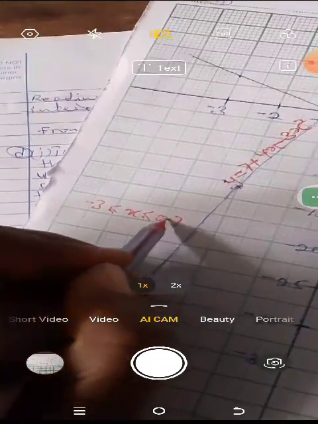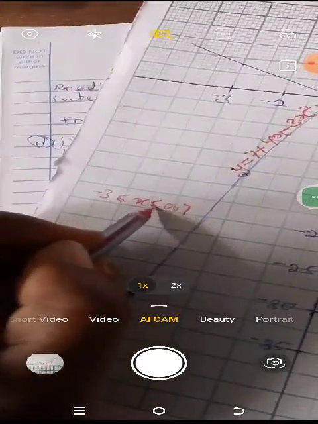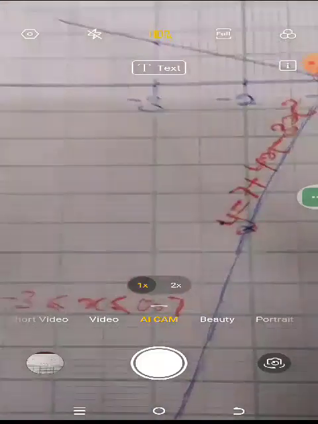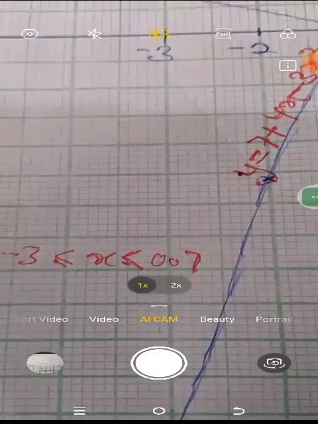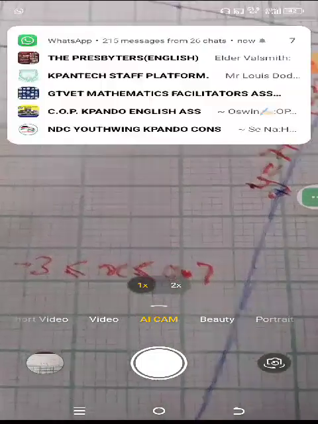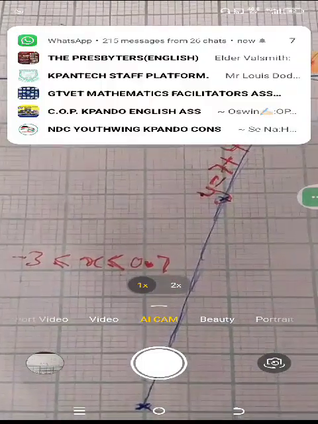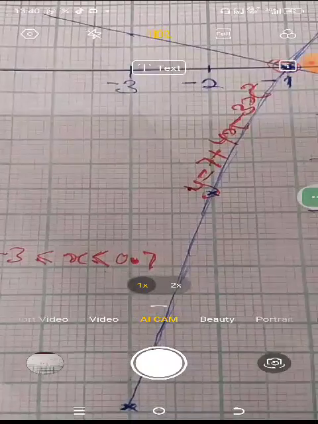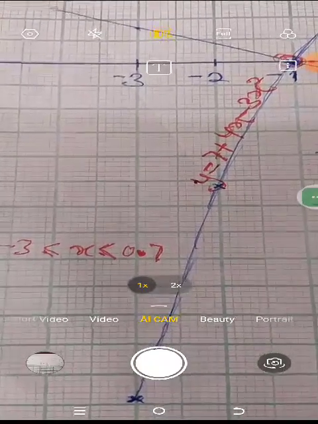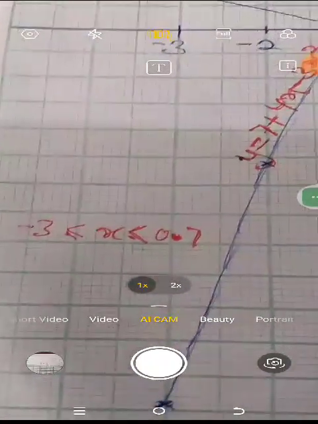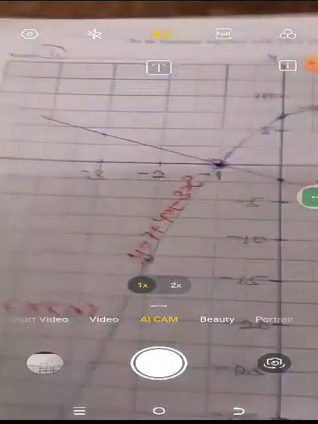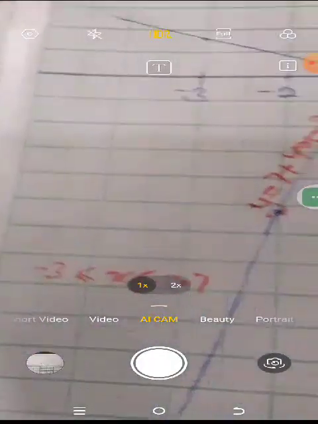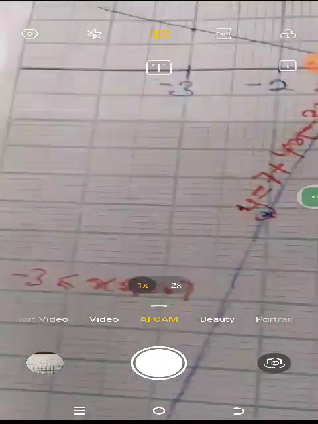This statement I've written here means that as y is increasing and x is increasing, the values of x for which the graph is increasing from here to here is that x is greater than or equal to -3 but less than 0.7.